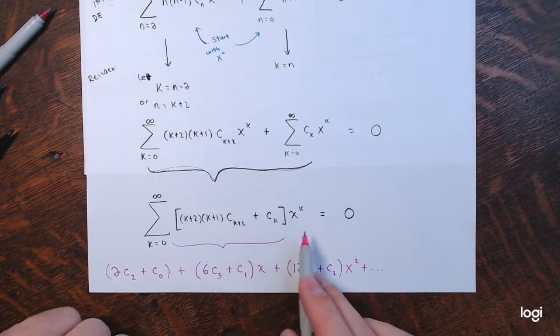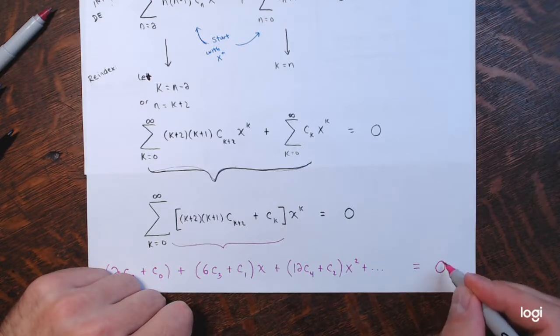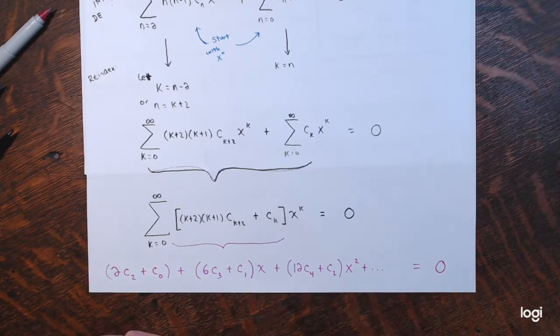That would continue on forever. And we have just a giant, infinitely long polynomial on the left and 0 on the right.